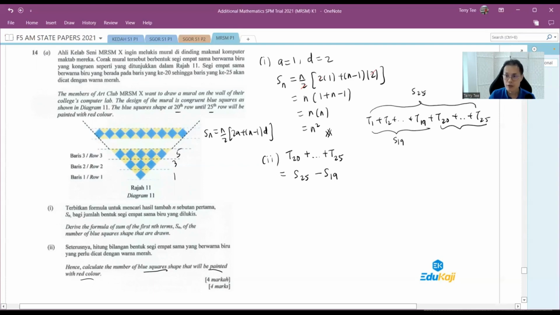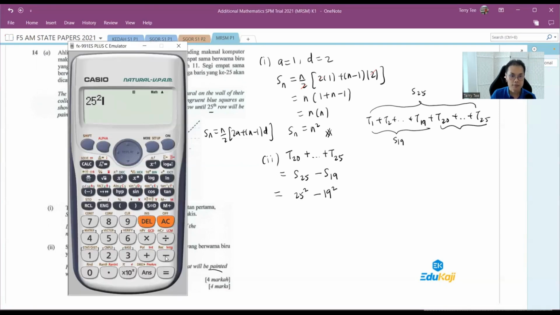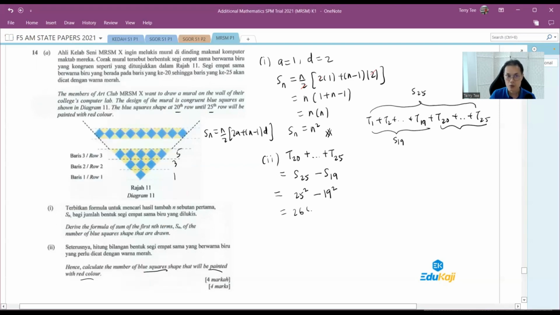By taking S25 minus S19, I'll get T20 to T25. Now, your S25 already has this formula, Sn. We'll just replace this with 25 squared. Your S19 is just 19 squared. Now, you can just use your calculator here. 25 squared minus 19 squared. I got 264. All right.